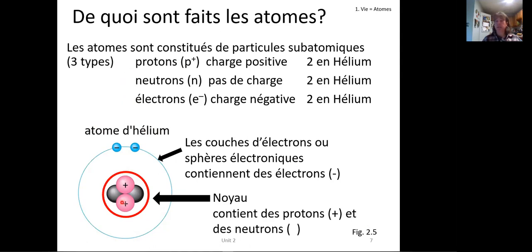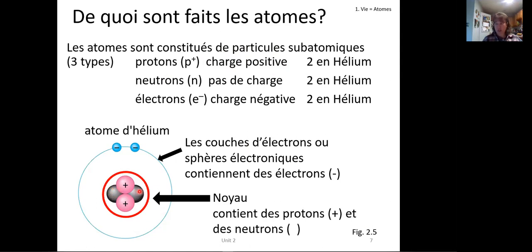The nucleus is in the center and consists of protons and neutrons. The proton is represented by the plus sign because a proton has a positive charge. Neutrons are neutral, so they don't have a plus or minus sign.